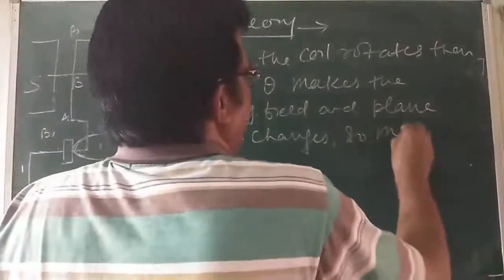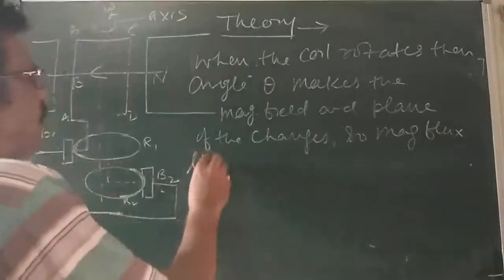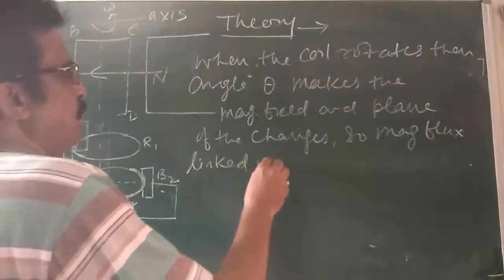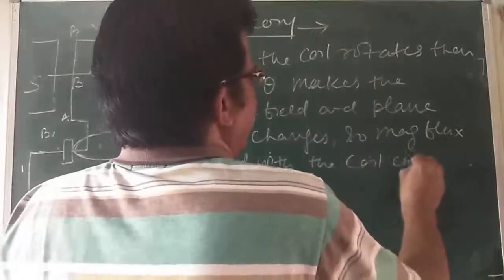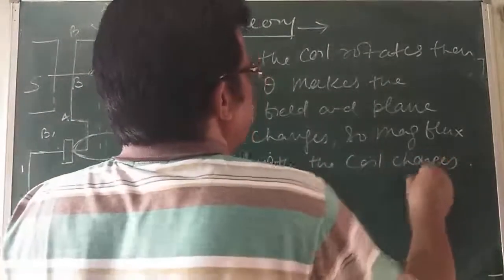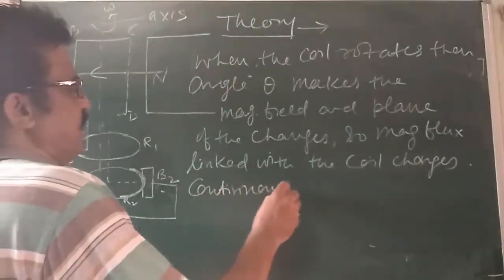So the magnetic flux linked with the coil changes continuously. Is it clear? This is the principle of the AC generator.